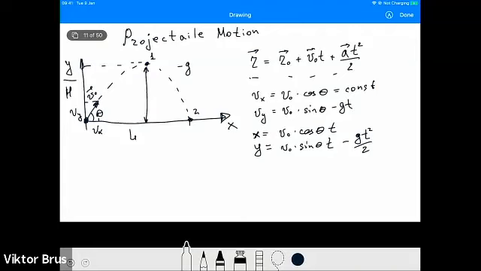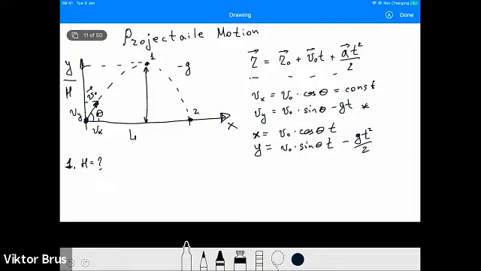So starting from maybe question number 1, let's ask, what is the maximum height this body will go up along the axis y? We can answer this question from this equation for the velocity vy.